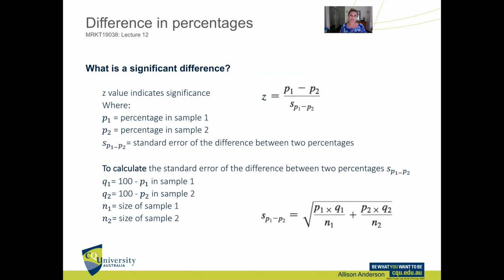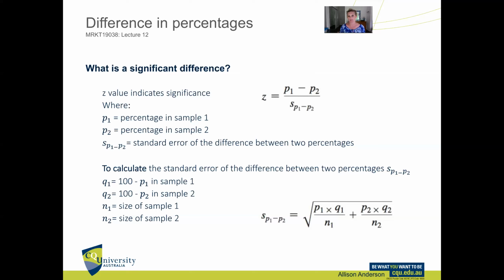So this is how we calculate. The Z value indicates significance. All right, and this is the calculation for that. P1 is the percentage in sample 1, P2 is the percentage in sample 2. So in that case, P1 might be the Labor voters, 60%, minus P2, which is the 62%.